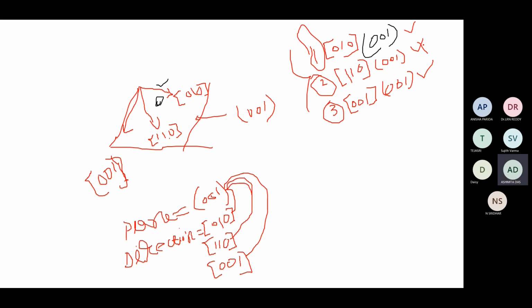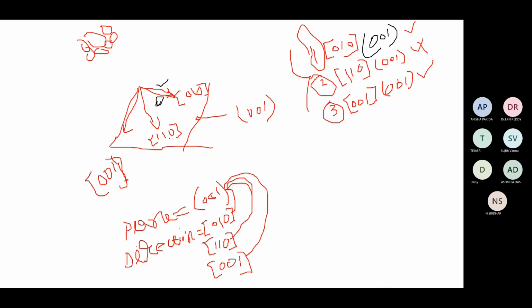Suppose atoms are distributed in this direction, and we consider this plane.